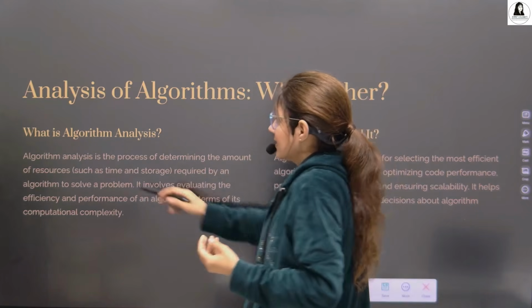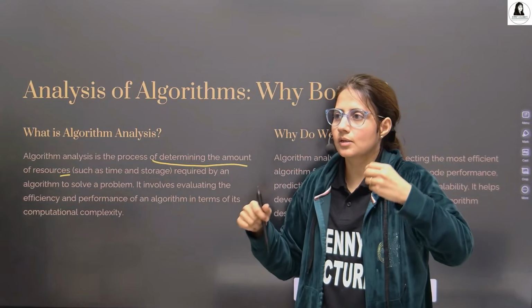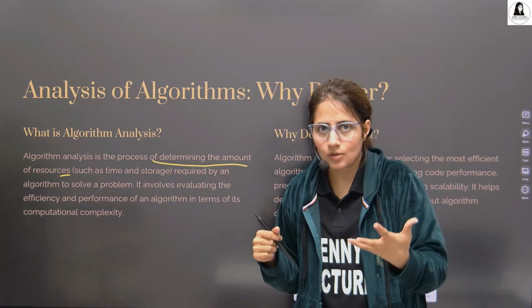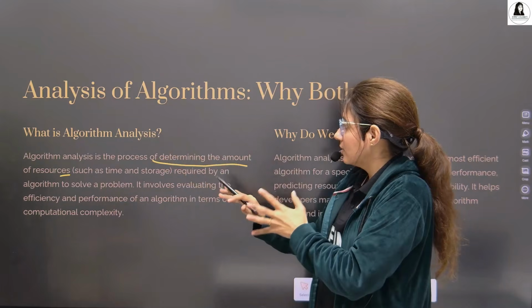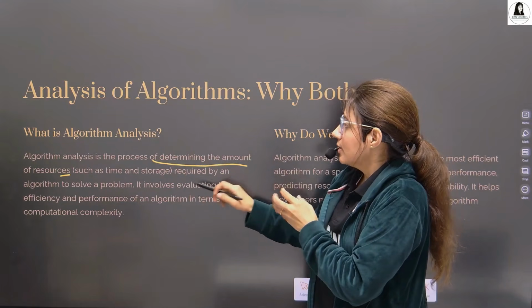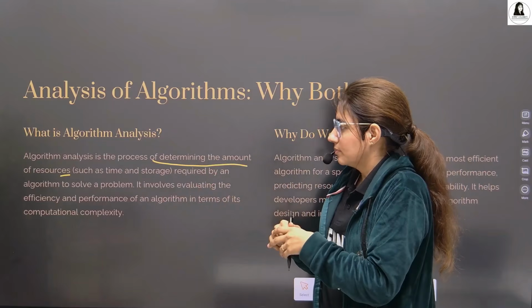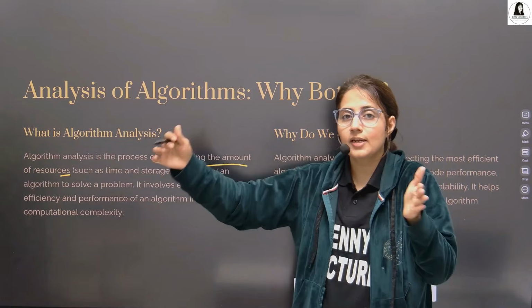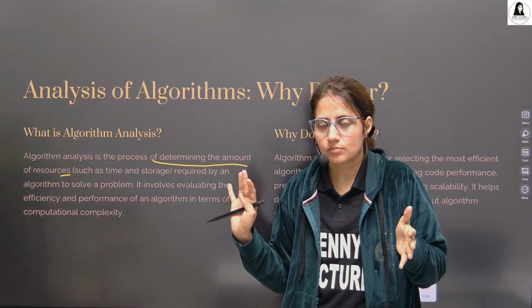Basically, it is the process of determining the amount of resources, like time required and space required, for that algorithm. Based on that, we decide whether this algorithm is good to solve a particular problem. There are so many algorithms, so we choose the one which is good.